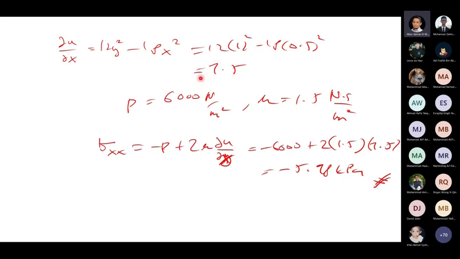So you have the value for partial u partial x, which is 7.5, and viscosity 1.5, taken from a table based on glycerin at that particular temperature. Then you solve it, and you have the normal stress in the x direction. Okay, so any question on this?